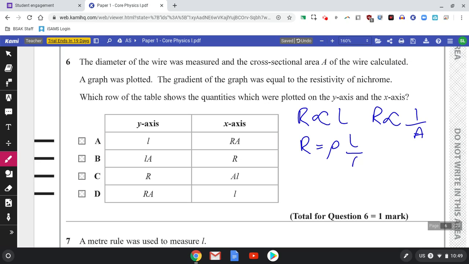So it's R = rho L over A. Rearranging that, we get resistivity = RA over L. Now, if we want the gradient to be exactly equal to resistivity, we're going to have to plot RA on the y-axis and L on the x-axis, because this has to be the gradient. So RA on the y and L on the x is D.